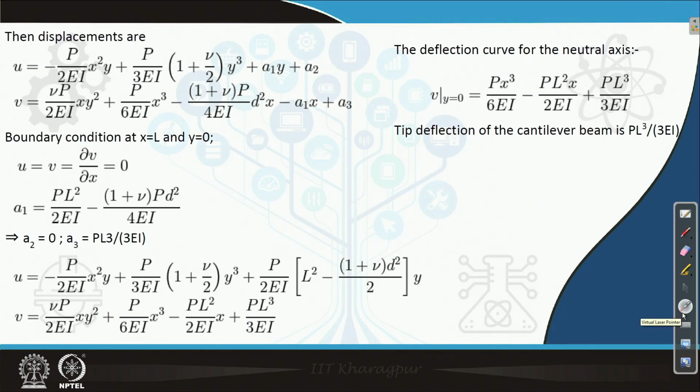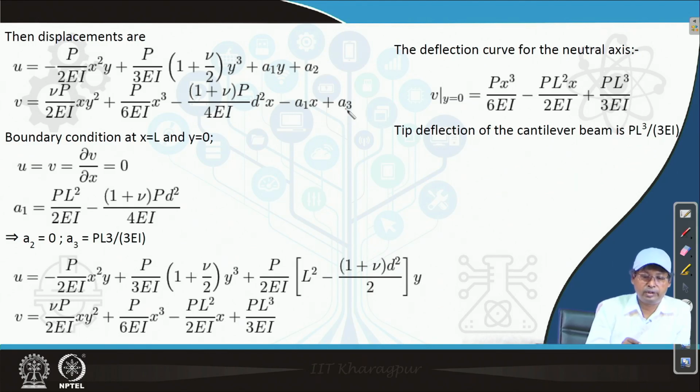So, the displacements u and v are written completely here with all the constants A1, A2, A3, and the boundary conditions are at x equals to L and y equals to 0.